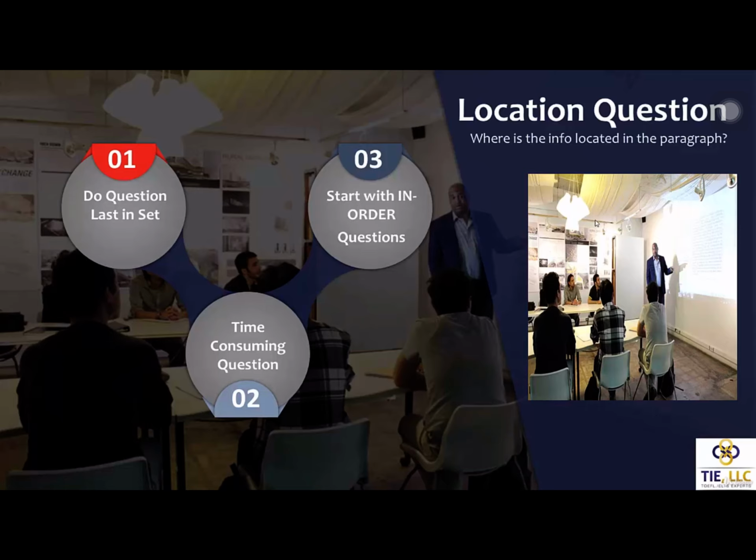And then questions 20 to 24 might be a fill-the-blank question. And then questions 25 to 29 could be a yes, no, not given question. So if you have it set up that way, do not start, even though the paragraph location question is first in the set of questions. Don't do it first. There's a reason why.